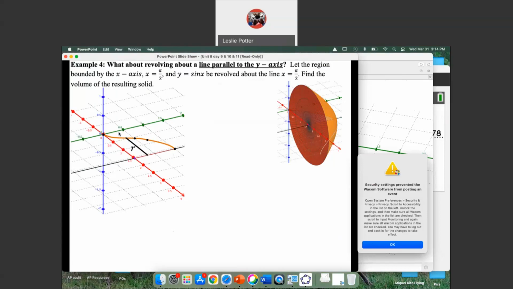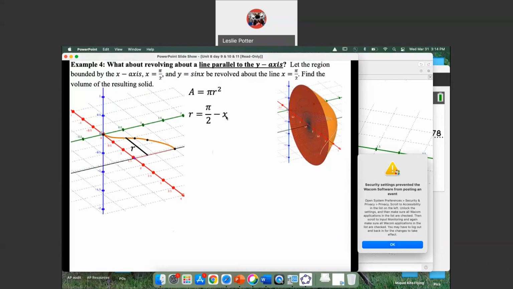And so this x coordinate here has to be subtracted off from pi over 2. So this is how this is set up. And this is very common. This is the key to understanding revolving around a line parallel to an axis, because the radius ends up being subtracted from that parallel line. So our radius is pi over 2 minus x. This is x. This whole thing is pi over 2. So the difference makes that radius.